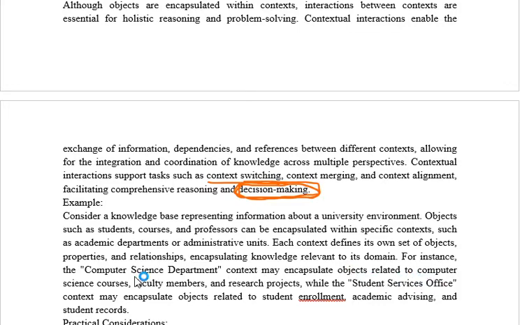The computer science department comes under the computer science course, yes or no? So the computer science department will go to the computer science course, it will be encapsulated into the computer science course, and so on. So faculty members, research projects, and student service officers. A context may encapsulate objects related to student enrollment.